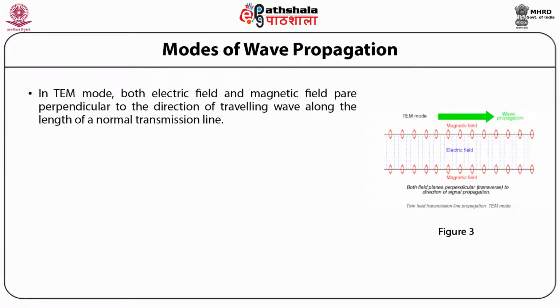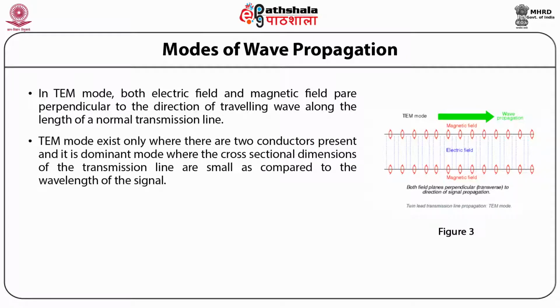However, in TEM mode, both the electric and magnetic fields are perpendicular to the direction of the traveling wave along the length of a normal transmission line, which you can see in the figure on the right-hand side.